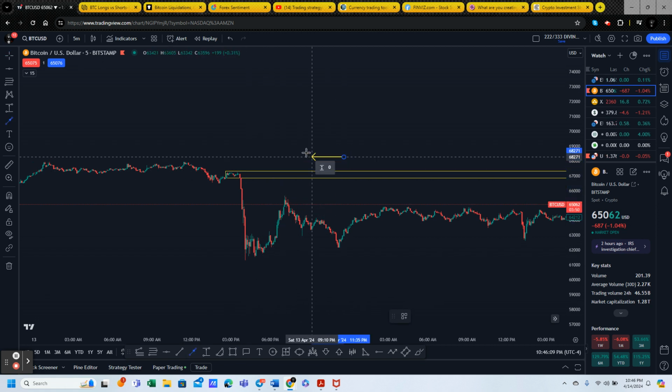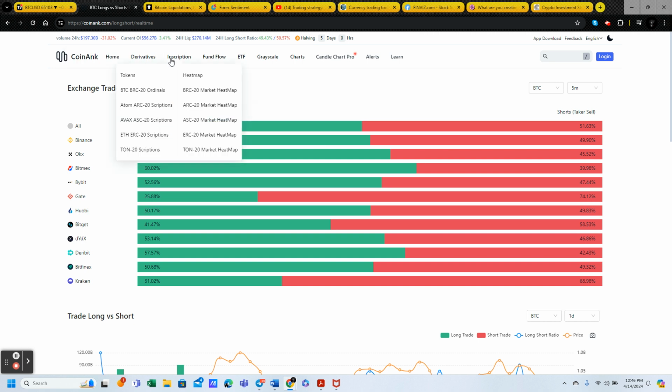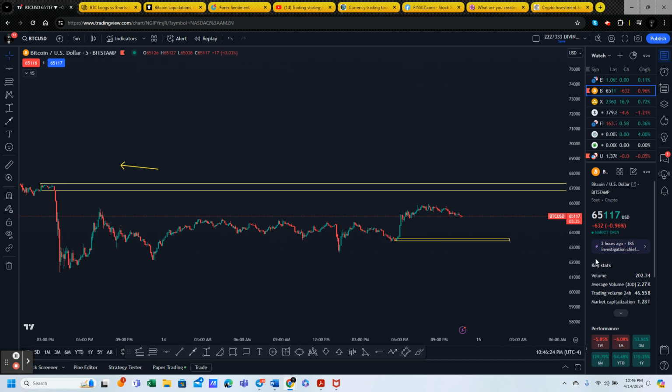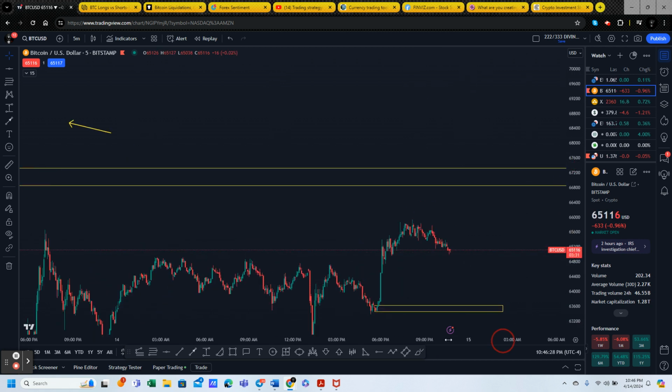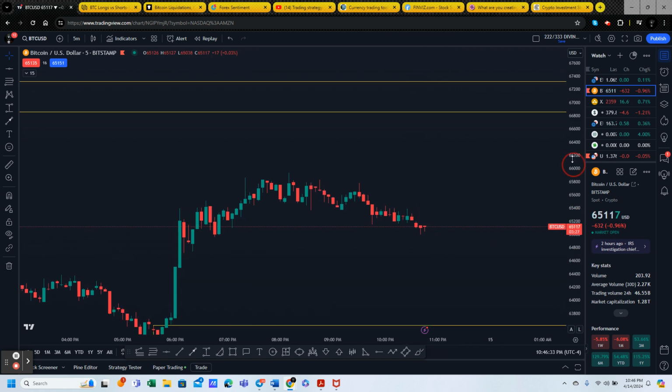So I think this is a unique tool to use. And of course, if it's between 50, 49 ish, that's probably a sign that the asset is moving sideways, right? So you see right now we're not really making any strong moves, and this is because there's not a true imbalance.